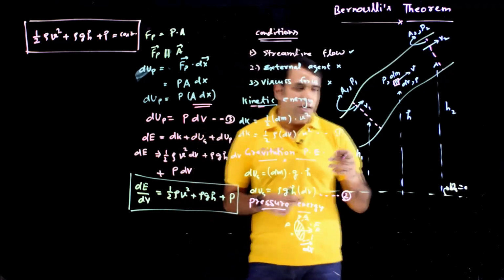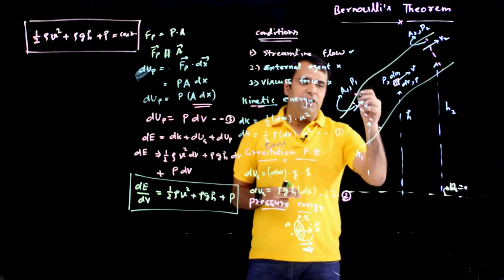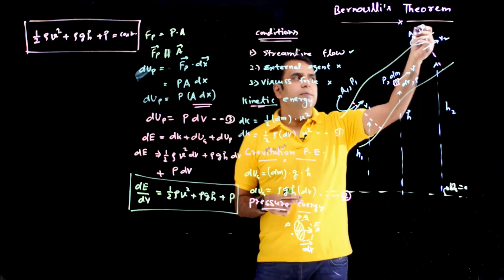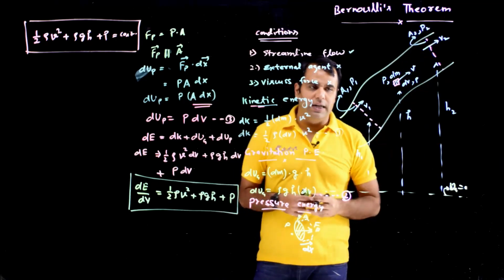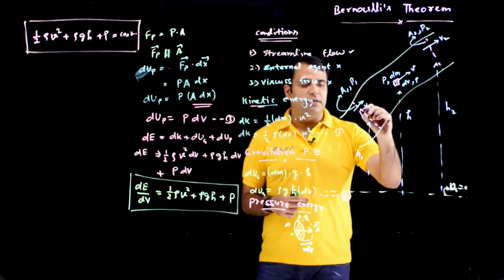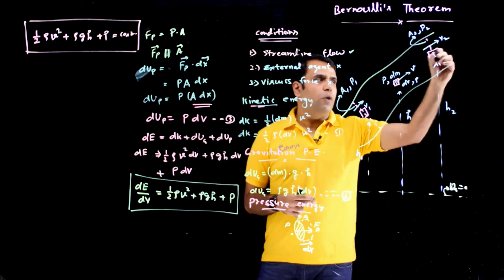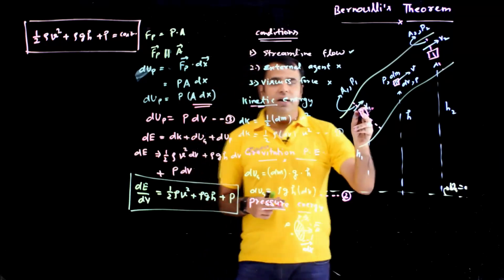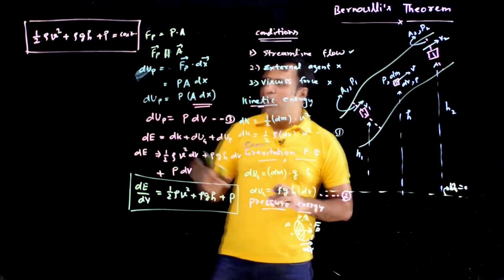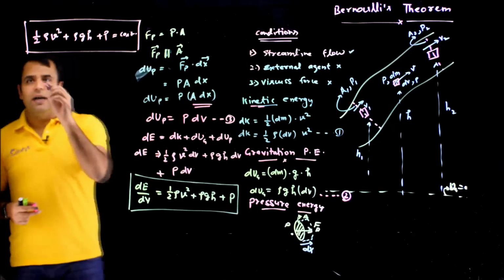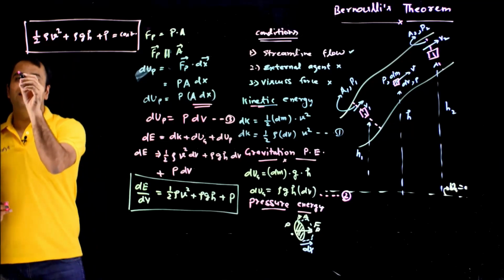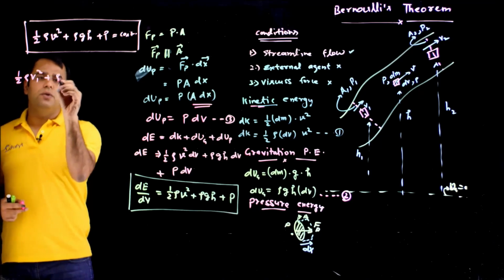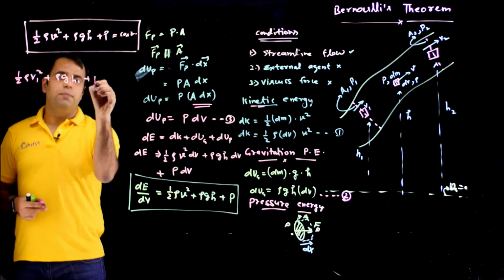As an example, we have taken the area, pressure and velocity at this cross-section, and the area, pressure and velocity at this other cross-section. The thing is, if I take the unit volume here or the unit volume here, the mechanical energy is going to be the same. So I calculate the mechanical energy per unit volume at the inlet, which equals half rho V1 square plus rho g H1 plus P1.